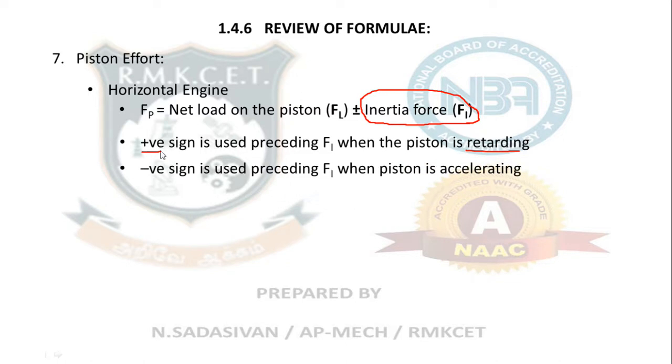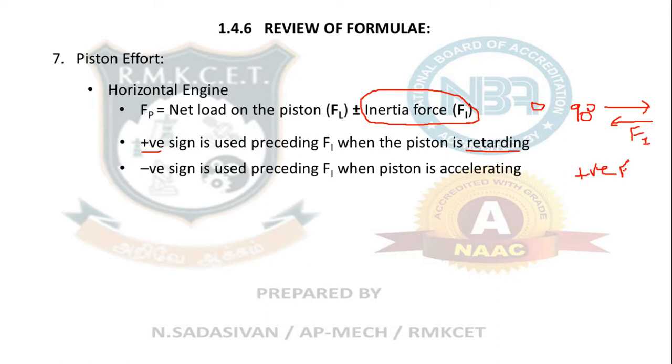When your piston is accelerating, you have a negative sign for inertia. Okay, so as a general rule, for a theta of 0 to 90, you get an acceleration of the piston, so therefore negative inertia force for 0 to 90 theta. 90 to 180 theta, your piston is going to slow down and stop, therefore you get a positive inertia.